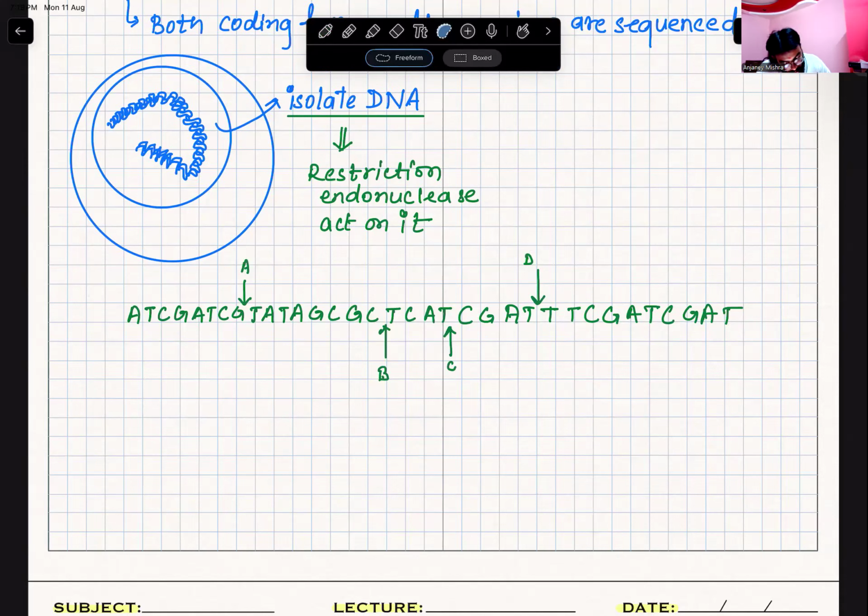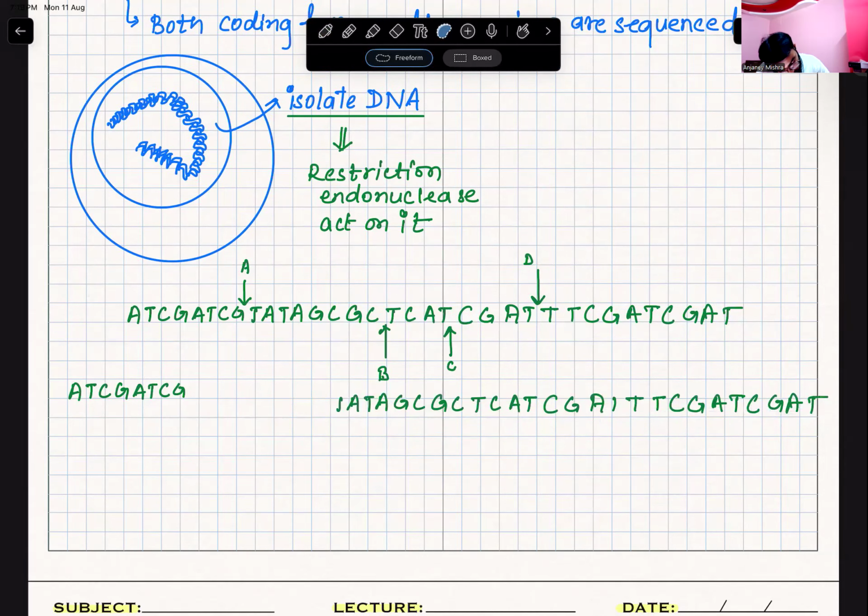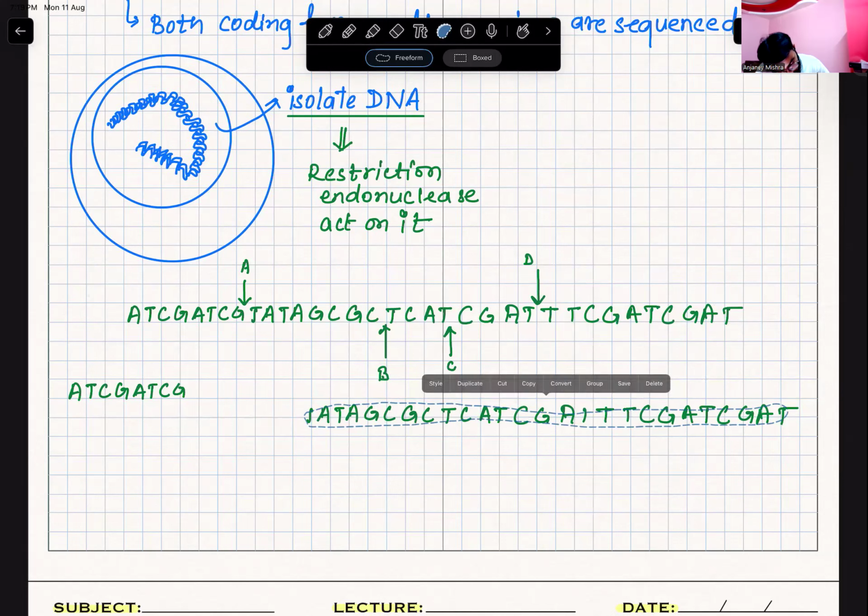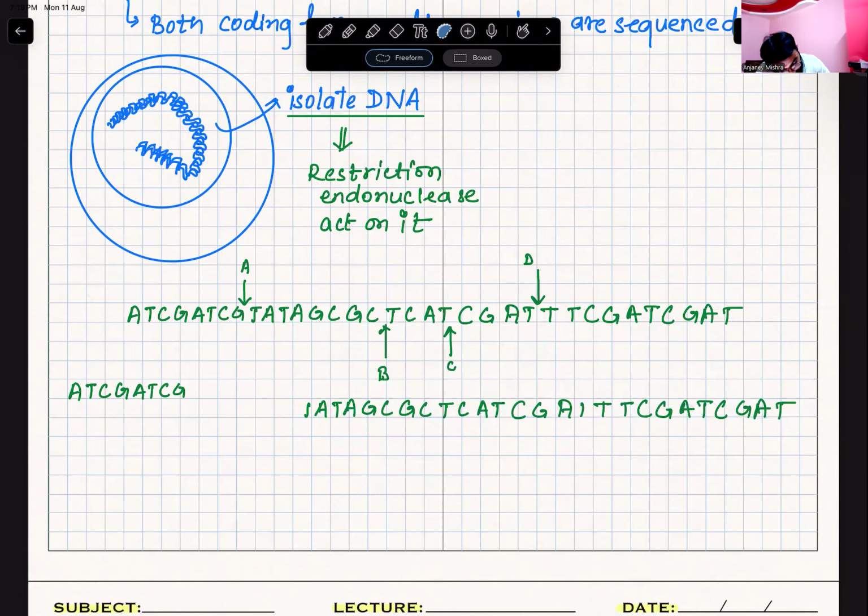What are the fragments? You have got one fragment which looks like this. Then after this one's cutting, we have got the fragment which looks like this.